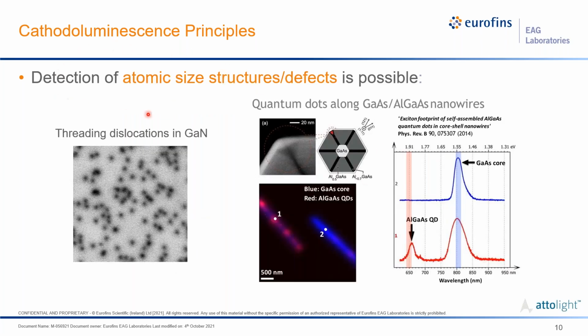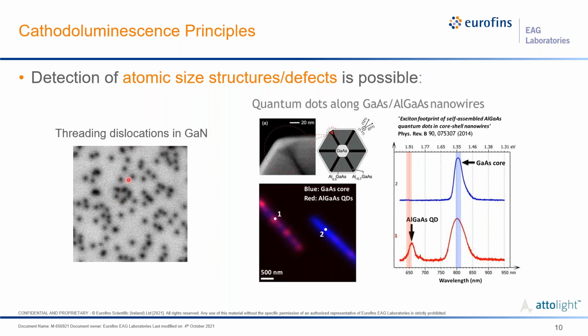One thing to think about here is that cathodoluminescence actually gives us the ability to detect atomic size structures and defects. Even though our probe and our interaction volume is much bigger, we're able to excite these kinds of smaller defects. For instance, here we can indirectly see the effect of threading dislocations in gallium nitride.